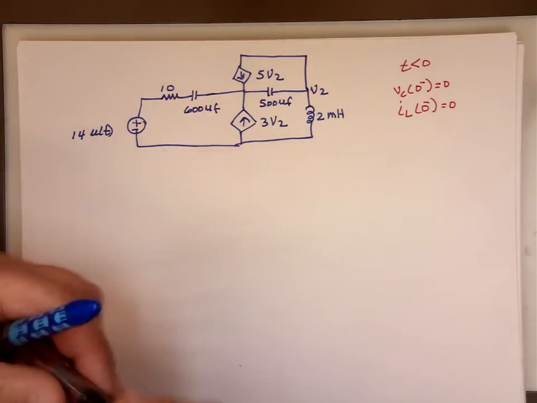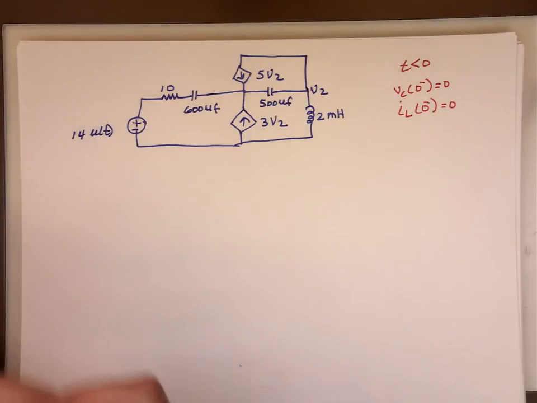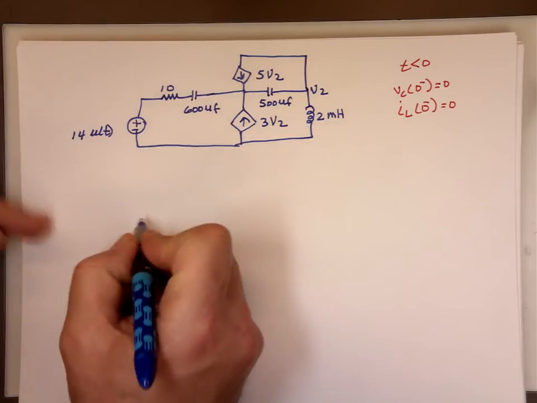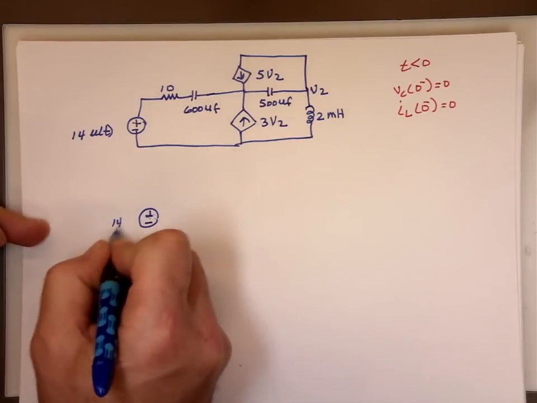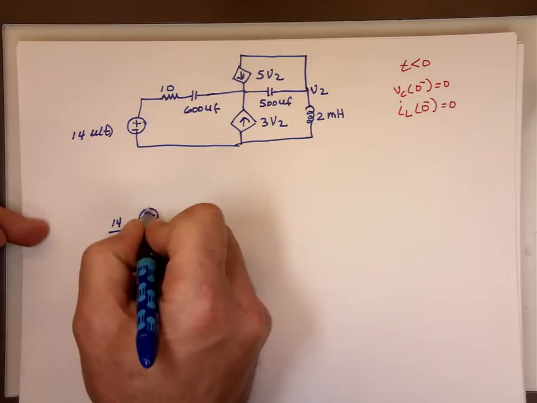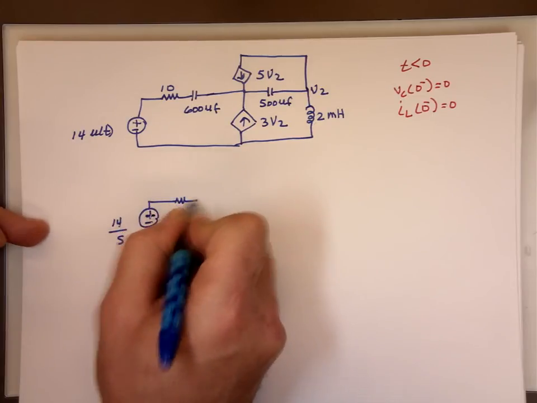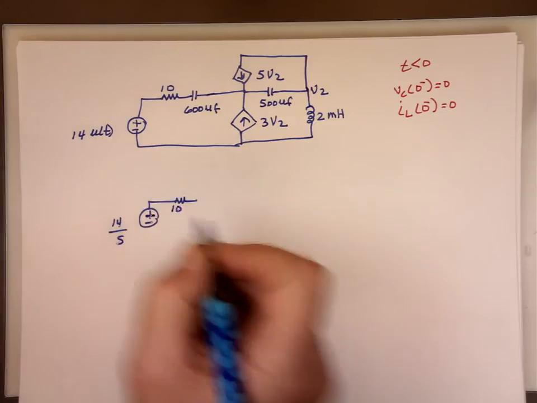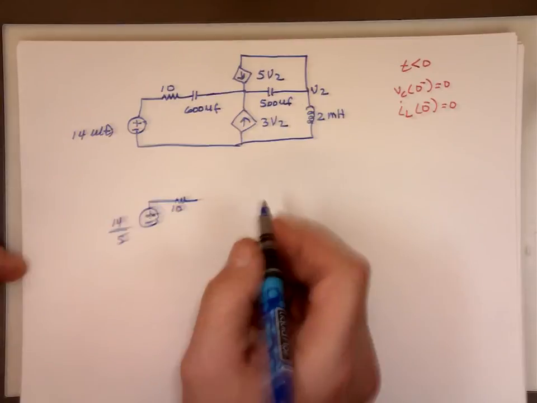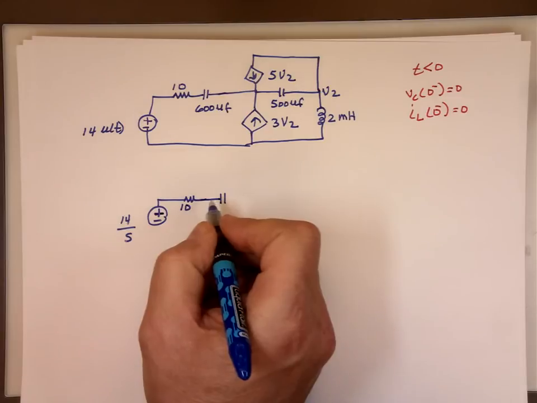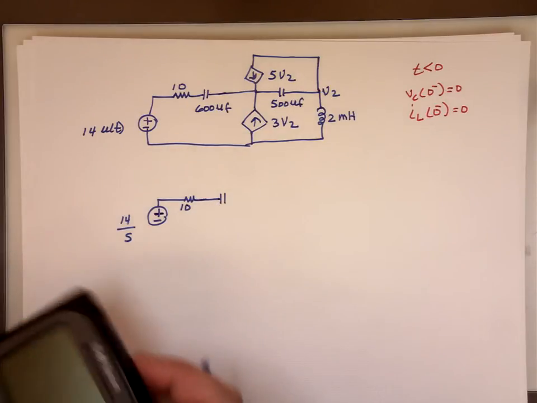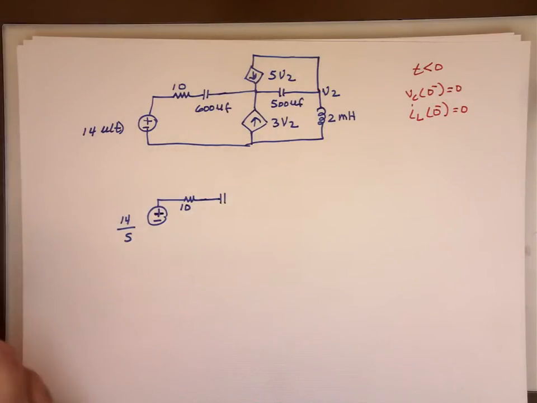So I'm going to switch my circuit to Laplace now. The Laplace of 14 is what? 14 over S. The Laplace of 10 is 10. 1 over SC. So let's do my calculator here. 1 over SC, 1 over 600 micro. What is that? 1 divided by 600 micro.